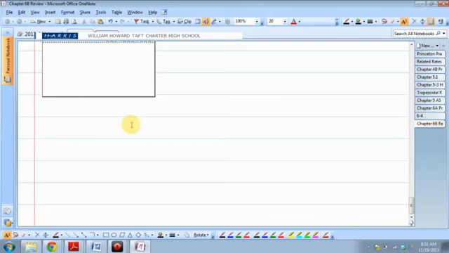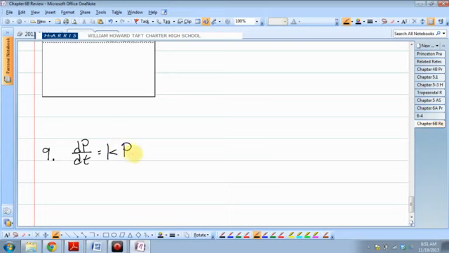For number 9, the growth is proportional to the amount of bacteria present, so dP/dt equals kP. If there are 500 present at a given time and 1,000 present 2 hours later, how many will be present 5 hours from that initial time?